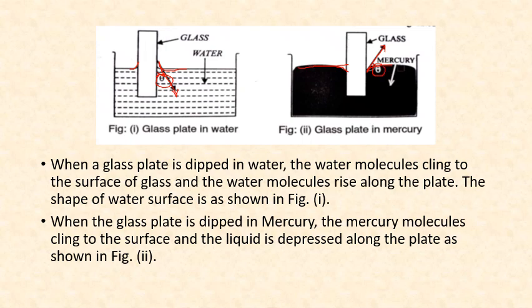You can observe that the angle is acute for glass and water, whereas the angle of contact is obtuse for mercury and glass plate. This different angle of contact can be observed when we do this experiment.